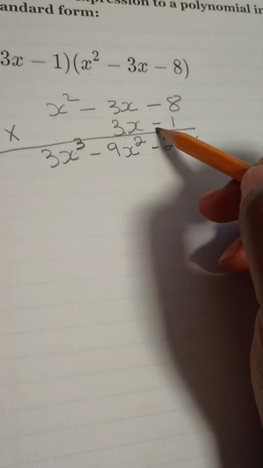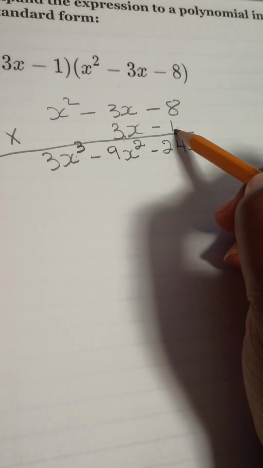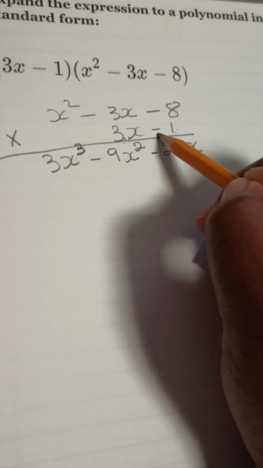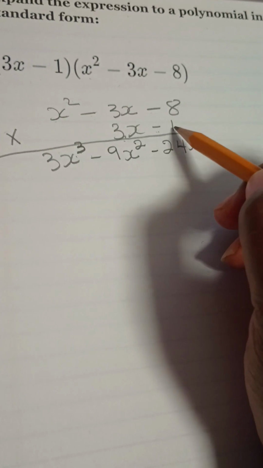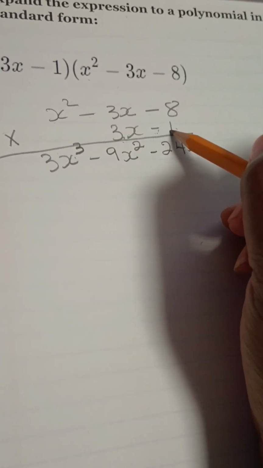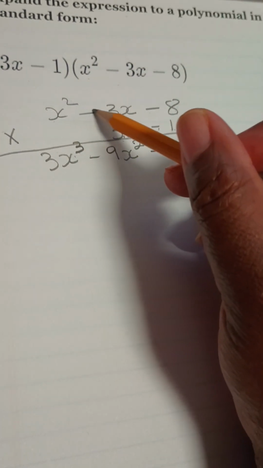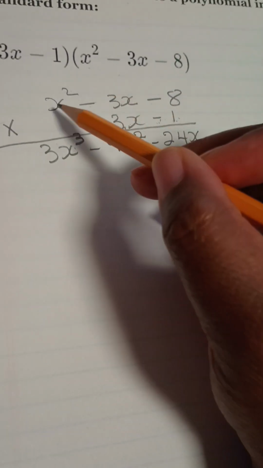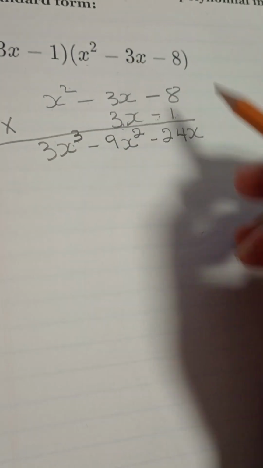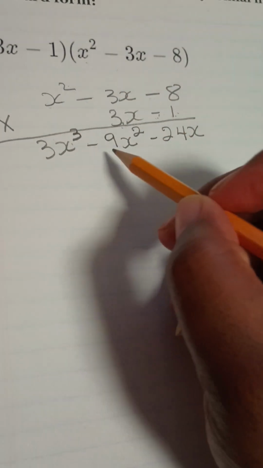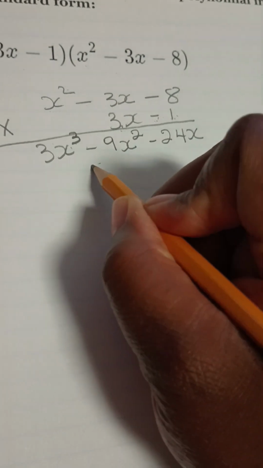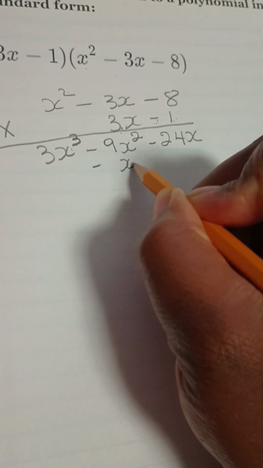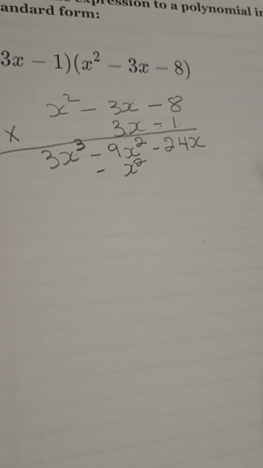So now I'm at my negative 1. You have to remember to use the operation in front of the constant term, right? So I have a negative 1. I'm going to multiply it with every term on the top. Negative 1 times x squared is negative x squared, and I'm going to put that under my x squared, so when it's time for me to combine like terms, it's all there.